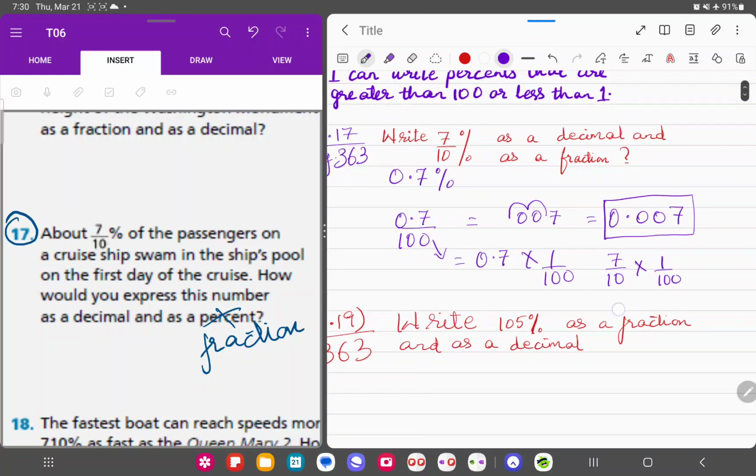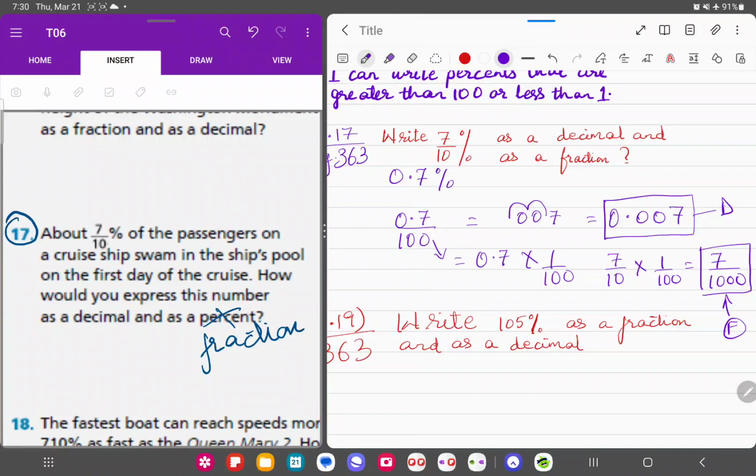And when I multiply this, what I get is 7 times 1 is 7 over 10 times 100 is 1000. So this is my answer in decimals, and this is my answer in fraction.